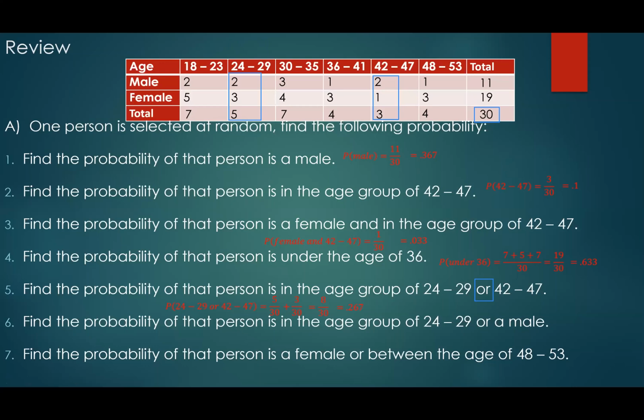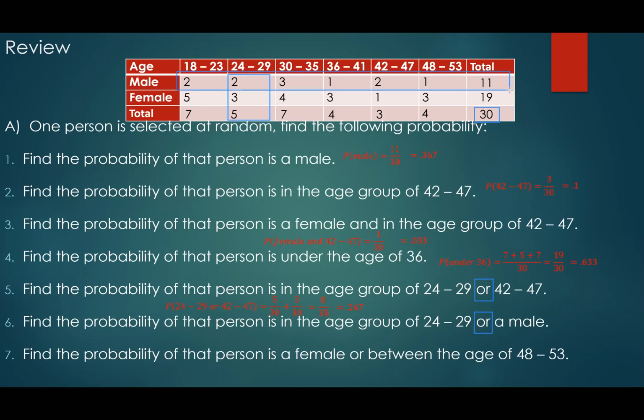And let's take a look at the difference between number 6 versus number 7. If you look at number 7, you say, oh, Mr. Tran, it's the same word that we see, the word or. But now they ask you in the age group of 24 to 29 or a male. Everybody see that the male item is right here, and this is my age group of 24 to 29.